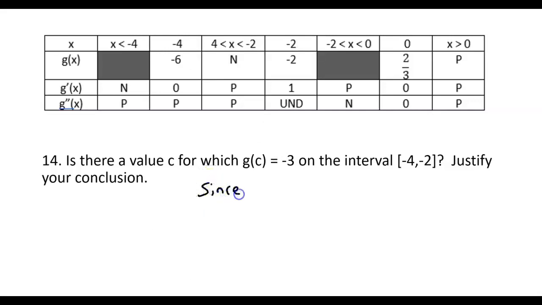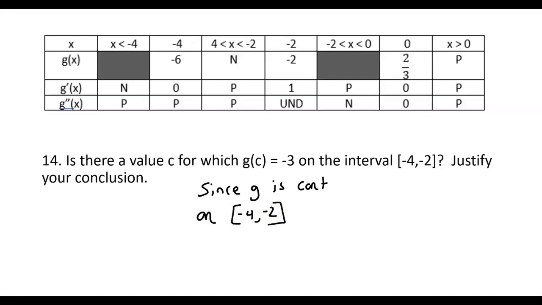You would say, since g is continuous on the interval, this is important because if it's not continuous, then this theorem may not apply. If you have a hole or a gap, it may never equal negative 3.